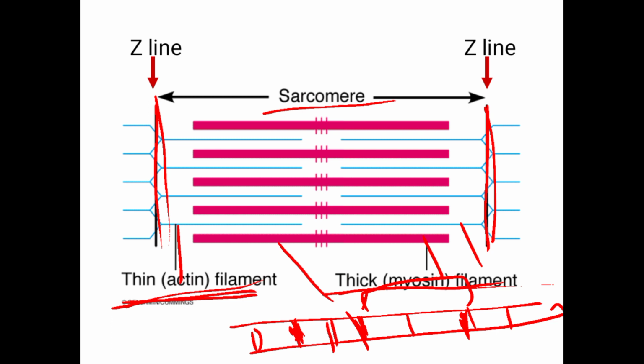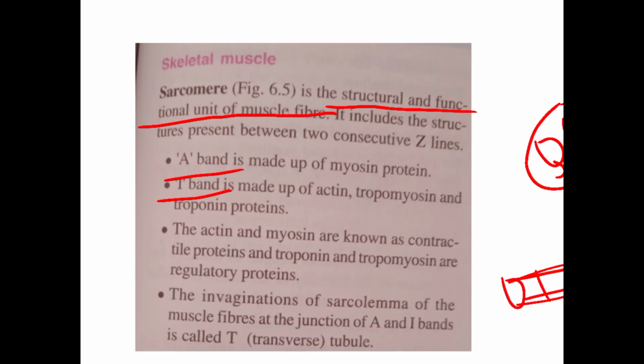The I band is divided into two portions by the Z line. So just remember, between the two consecutive Z lines, the thin filaments and thick filaments are arranged.